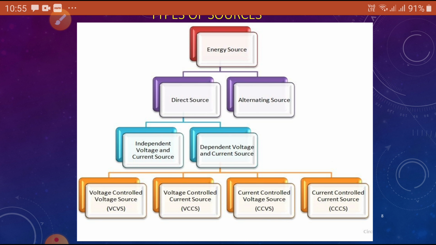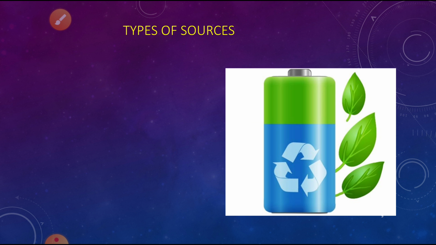Now let us see what the main sources are. In our circuits we get only one simple example, a battery. Similarly, we have the voltage source and the current source. Let us first see voltage sources.